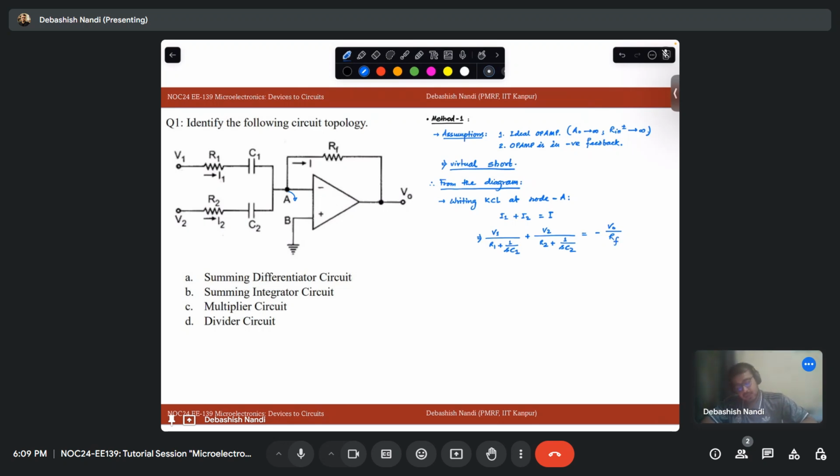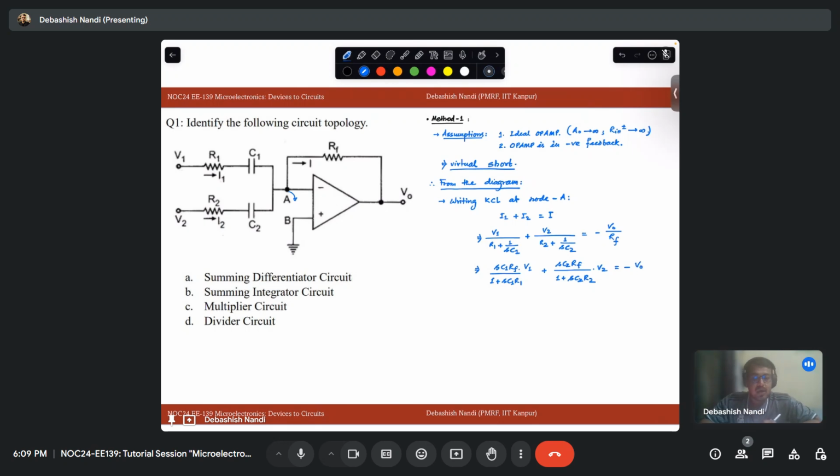If we simplify this, we'll get SC1 RF times V1 divided by 1 plus SC1 R1, plus SC2 RF divided by 1 plus SC2 R2 times V2, is equal to minus V0.